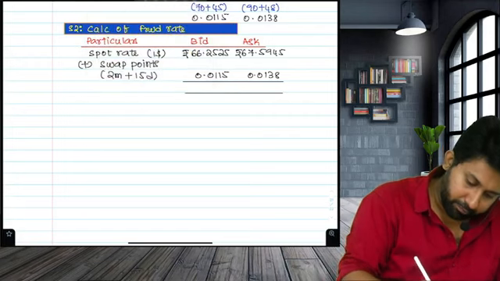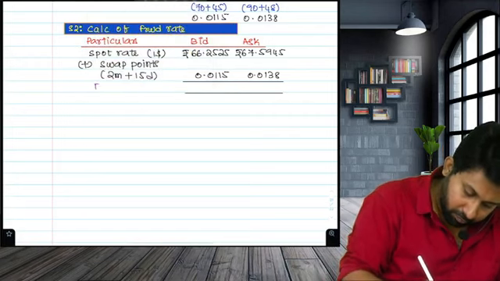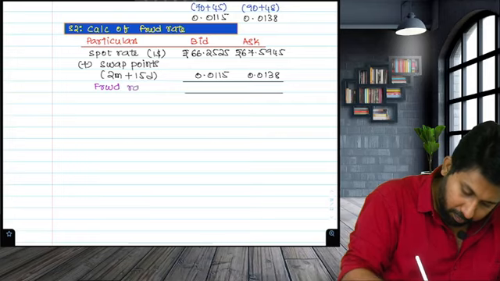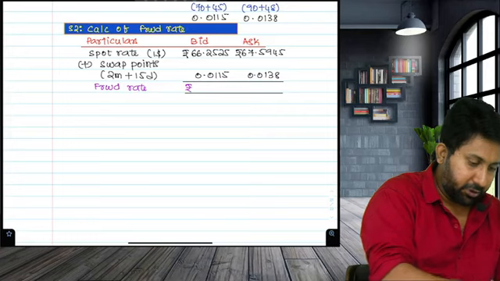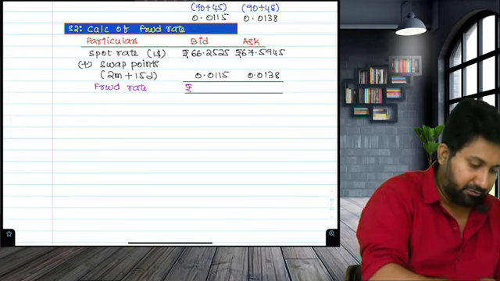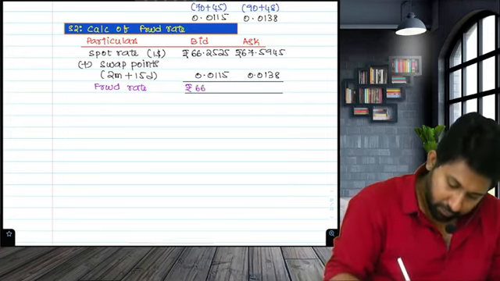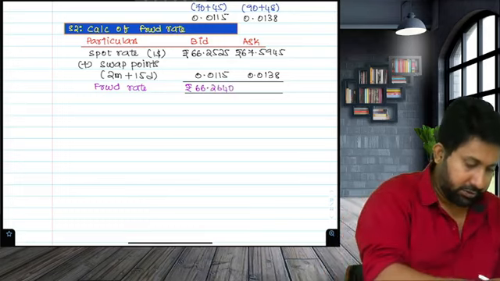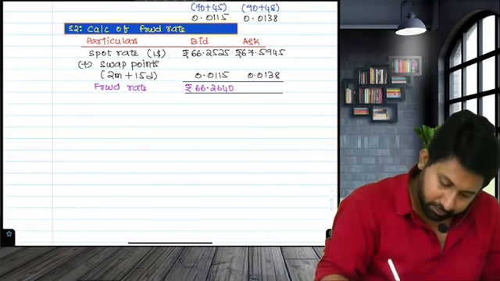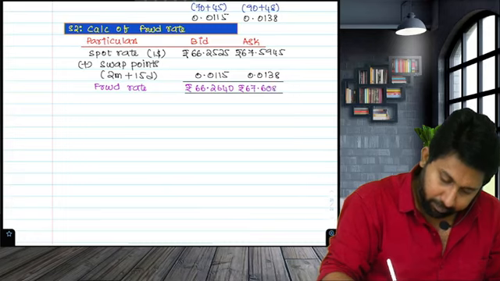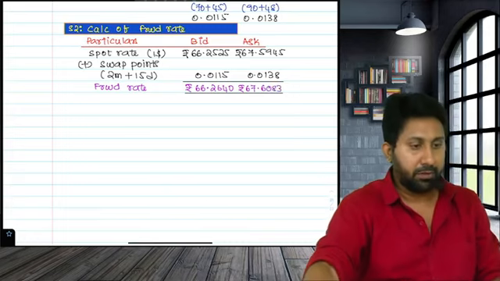So write down forward rate rupees 66.2525 plus 0.0115. Next, 67.5945 plus 0.0138. Okay, that's all.